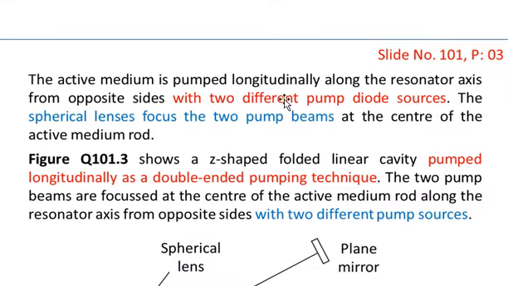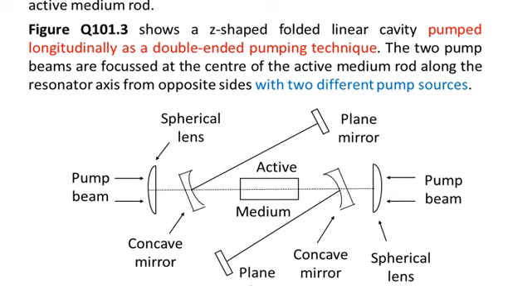The active medium is pumped longitudinally along the resonator axis from opposite sides with two different pump diode sources. The spherical lenses focus the two pump beams at the center of the active medium rod. Figure 101.3 shows a Z-shaped folded linear cavity pumped longitudinally using a double-ended pumping technique.